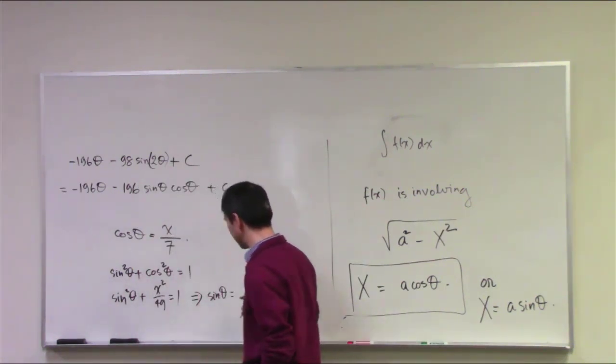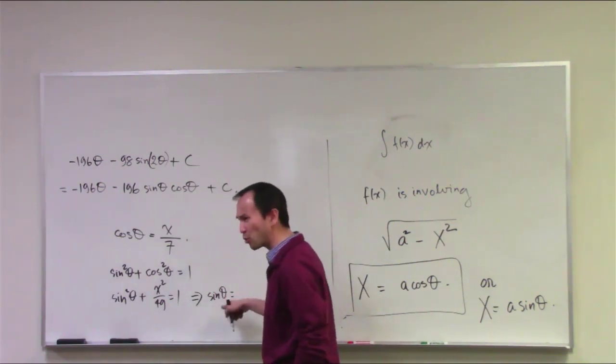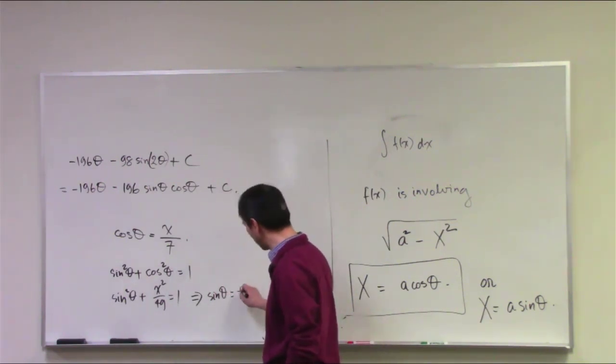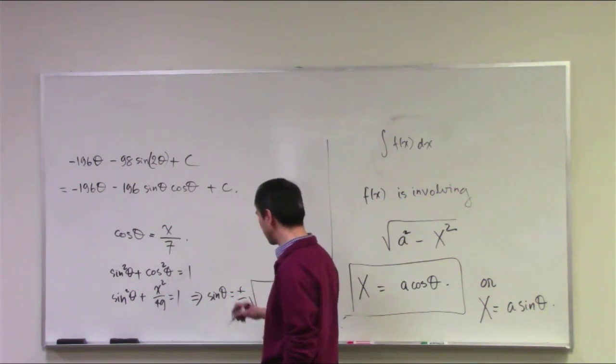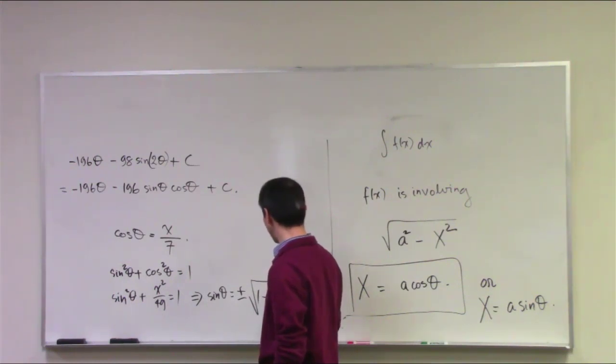Equals a positive. And again, I see all you guys, explanation why we chose a positive square root. Technically, it was plus minus, okay? But we choose a positive square root. And then I'll get back to you with that explanation later. The square root of 1 minus x squared over 49.